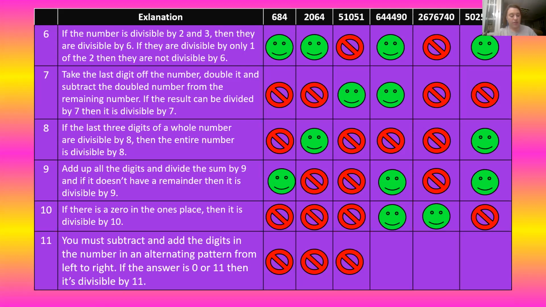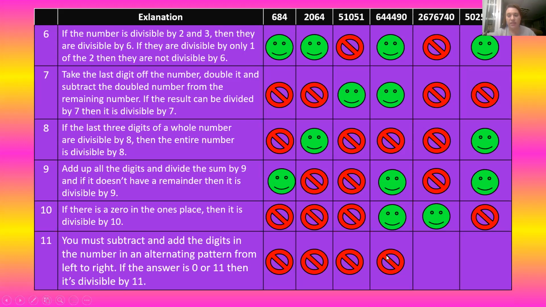Now let's try 6 minus 4 plus 4 minus 4 plus 9 minus 0. It gives you an 11. Okay, so these bottom two are supposed to be correct because the 51,051 ended in a 0, so that one is correct.